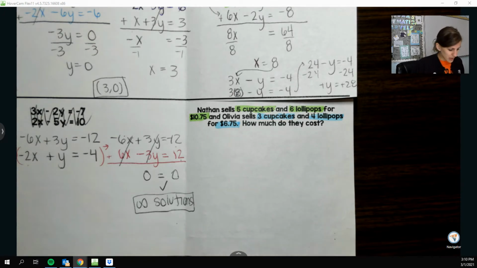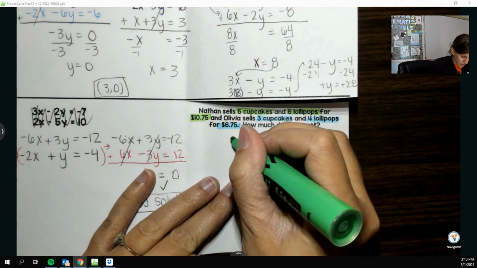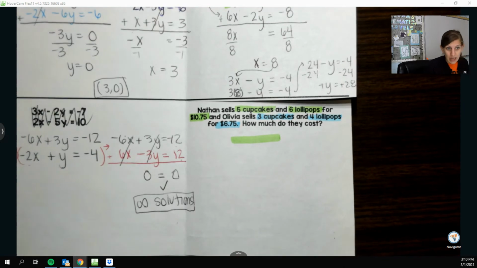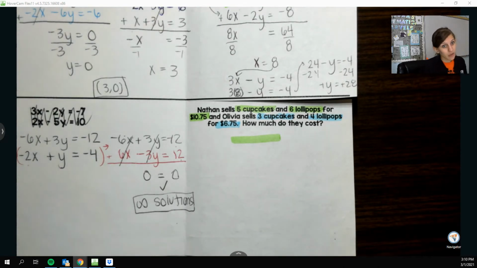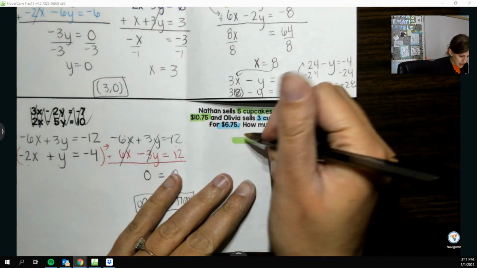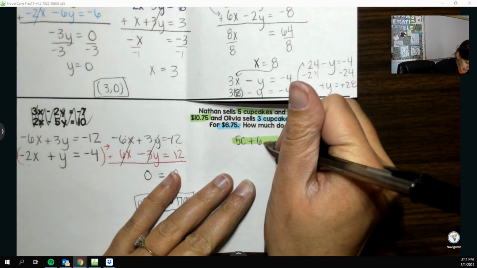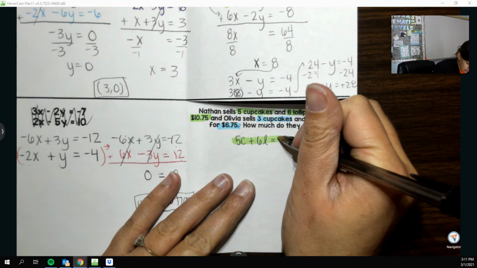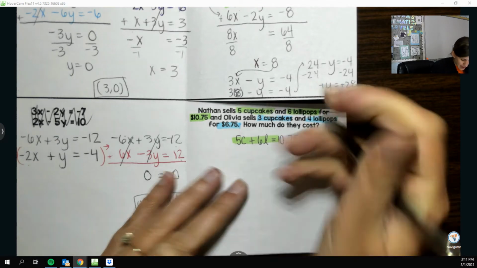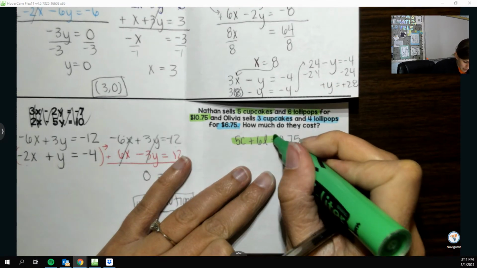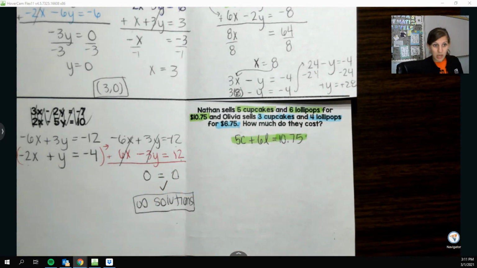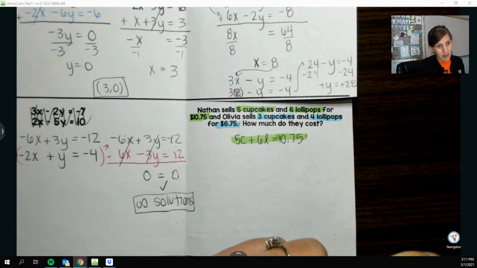So the best way to write these is in standard form, which is good too because elimination and standard form go hand in hand. So we'll have 5c plus 6l equals 10.75. And I'm just calling them C and L so that I remember better which one is the cupcake and which one is the lollipop.